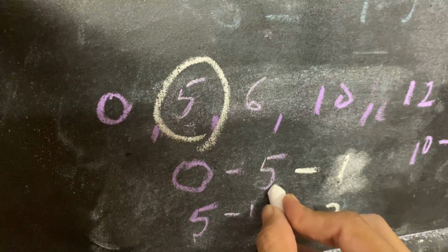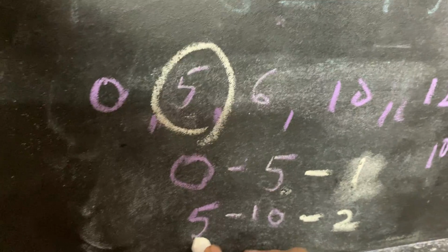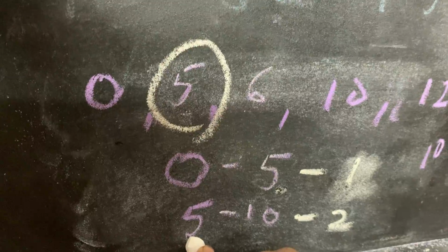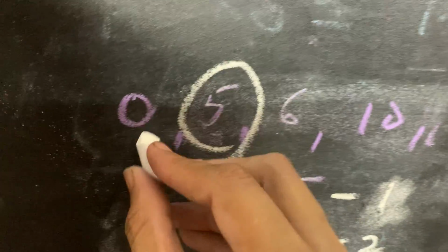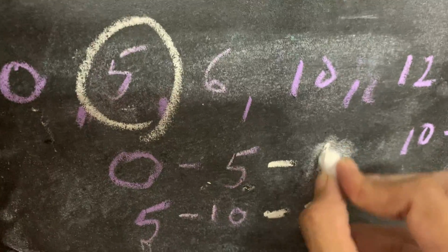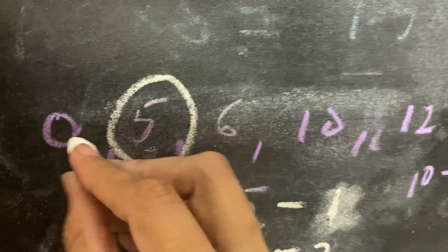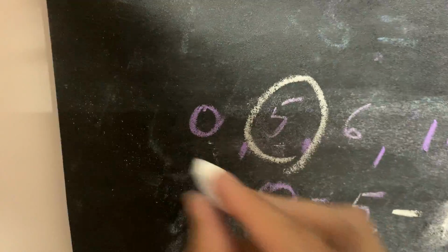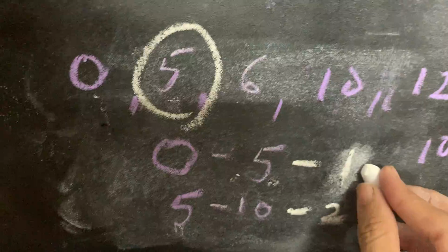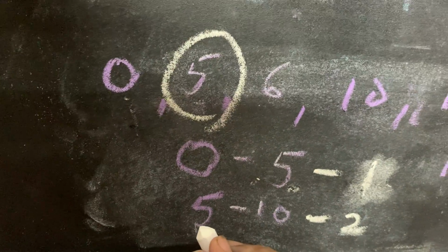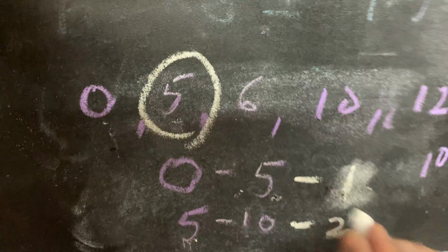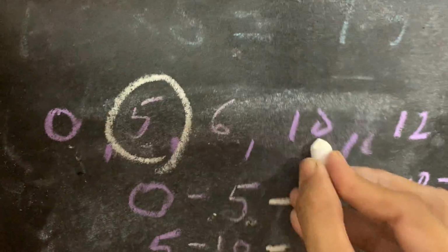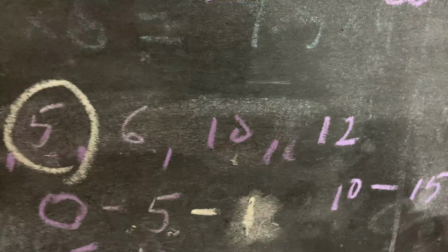In this interval it is the upper limit and in the next it is a lower limit. So here you will take just 0, and the total number between 0 to 5 is only 1. From 5 to 10 it is 2. See, 5, 6, 10: you will not take 10, you will take it in the next level because that is its lower limit.